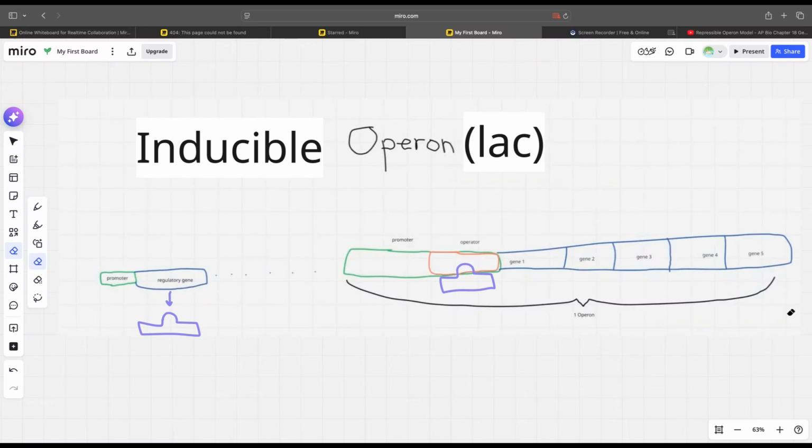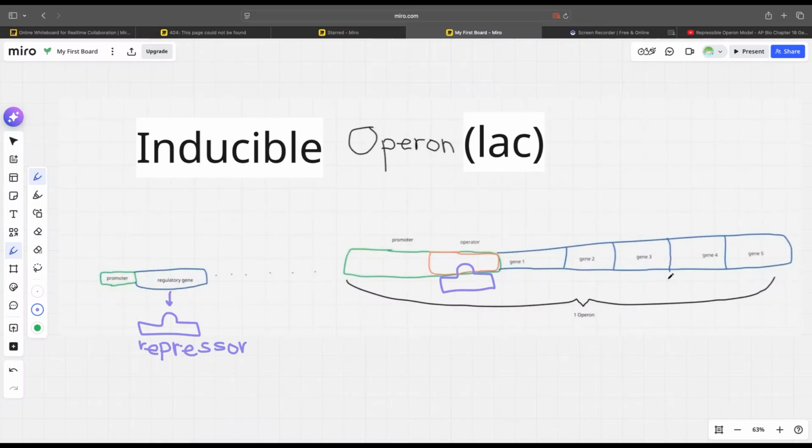That is because there is almost always a repressor bound to it. This repressor fits here into the operator, and it keeps this gene pathway, this operon, off. Well, not at all times, but most of the time, 90% of the time.